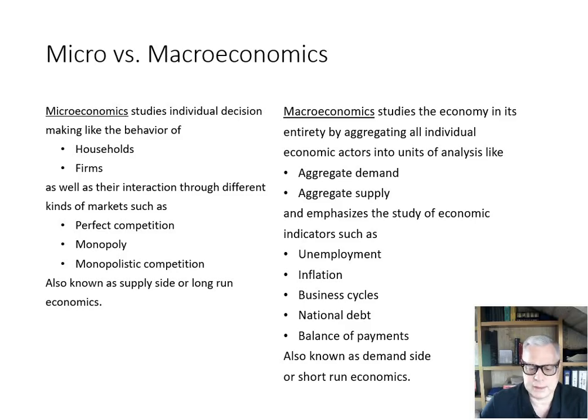Macroeconomics, on the other side, is concerned with lumping together all entities within an economy that demand something, and once we have done so, we treat aggregate demand as if it were just one economic actor. We do the same on the supply side, and typical fields of study are unemployment, inflation, business cycles, national debt, balance of payments, or things that concern the economy in its entirety. Alright, so I hope that makes the difference clear between micro and macro.